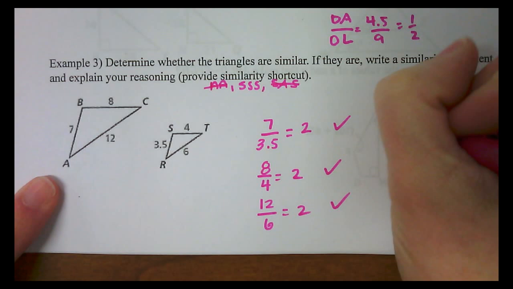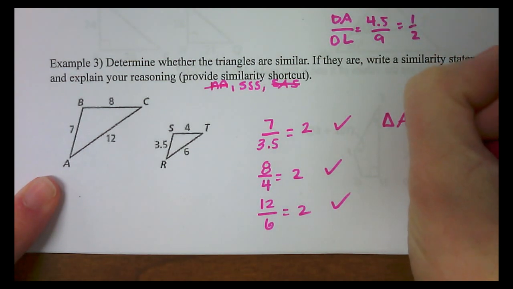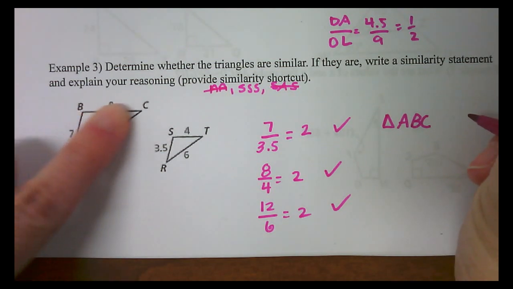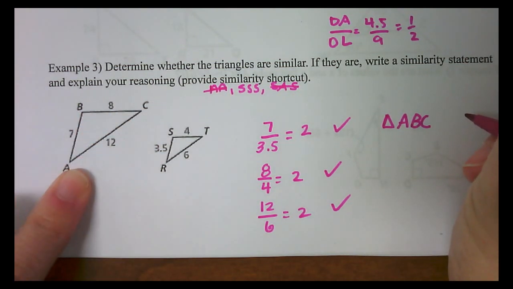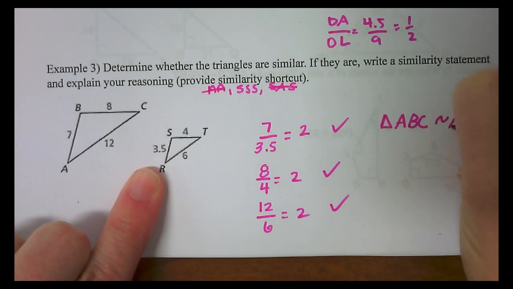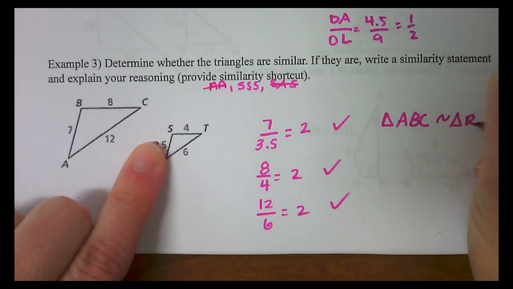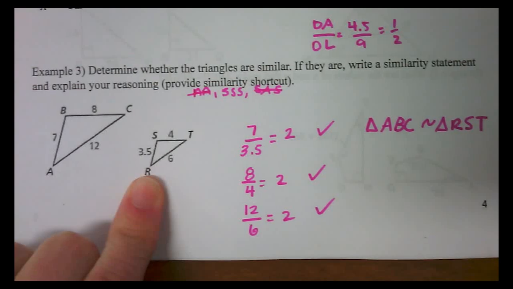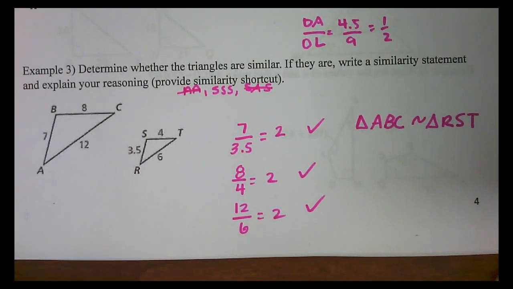So if I call this triangle ABC, I'm going short side, medium side, long side. So in this triangle, I have to go in the same order then. Short side would be R to S. Medium side would be S to T, and then the long side T to R. So the order of my letters matters.